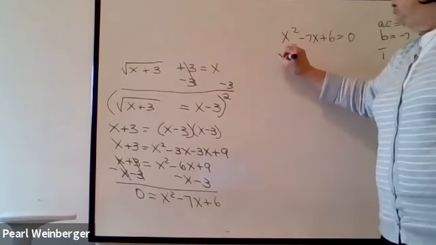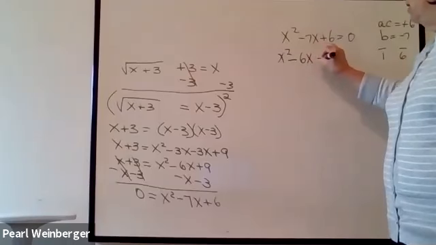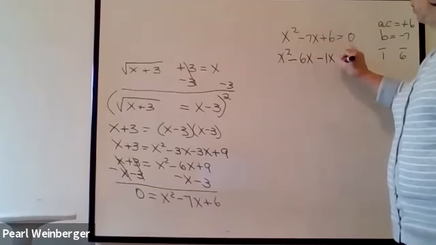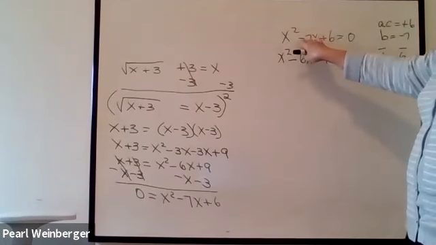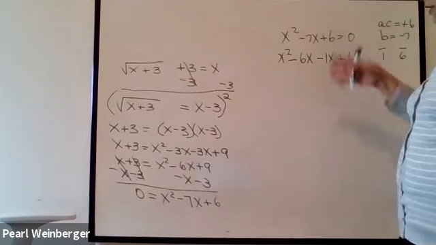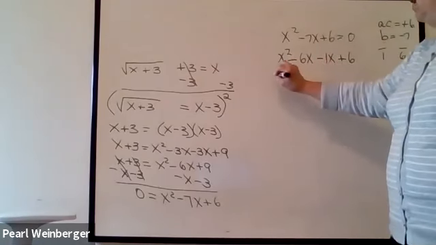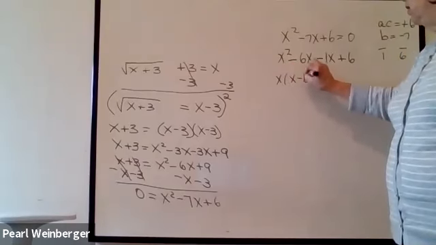So this is going to give me x squared minus 6x minus 1x plus 6. Remember, we broke up the -7x into -6x and -1x. I don't know why I did it in this order. Here my common factor is x, so I get x minus 6.